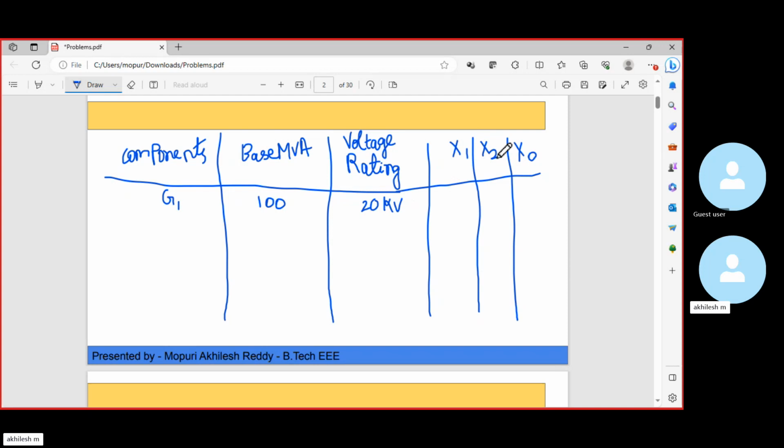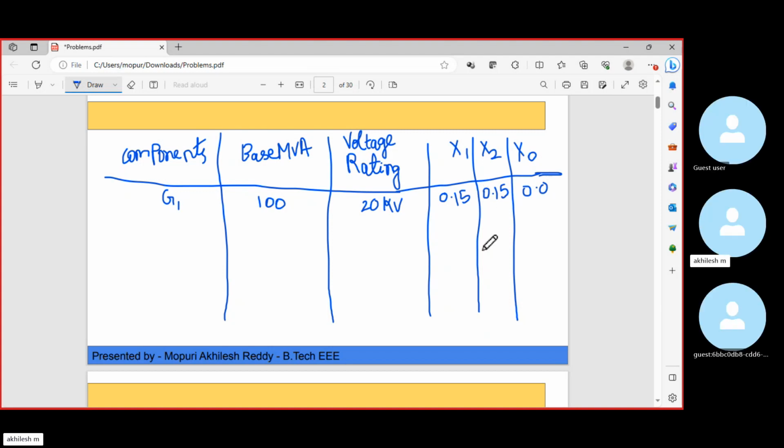Mostly X1 and X2 will be the same. The positive and negative sequence impedances are mostly the same, only the zero sequence will vary. When they are the same, the positive and negative sequence reactance diagrams will be the same, so we can do it only once for both. No need to do it two times.